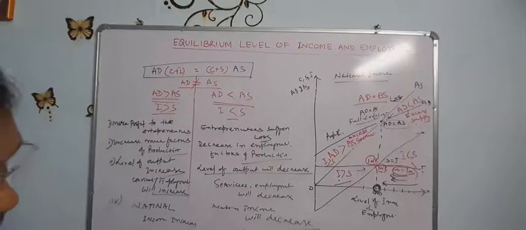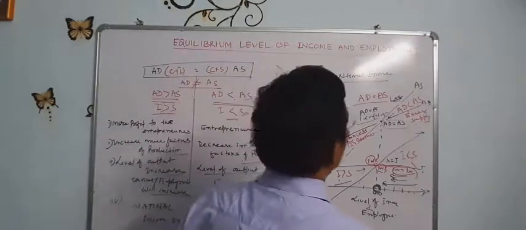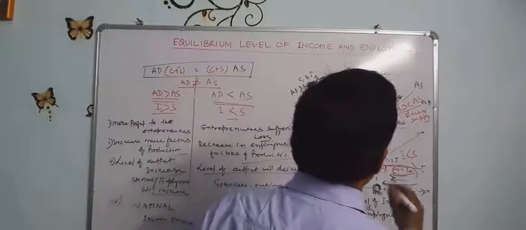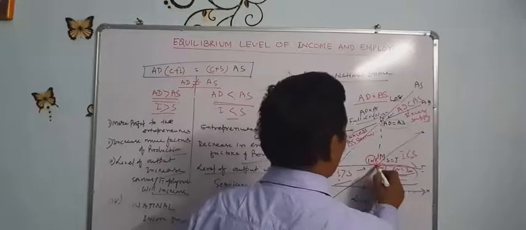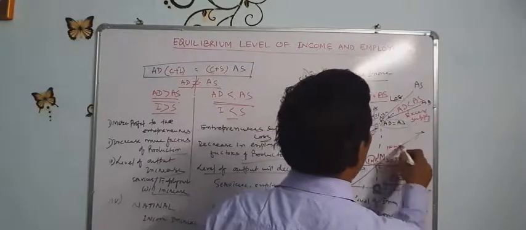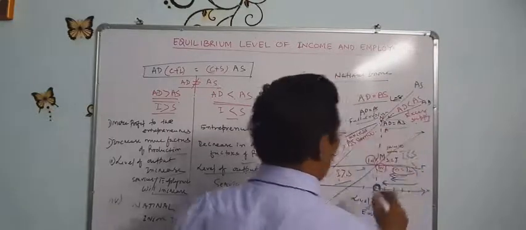According to Keynes, suppose this point may be given as M, or this point as N. M is the point where 100 equals 100, where investment equals saving, and N is the point where AD equals AS.